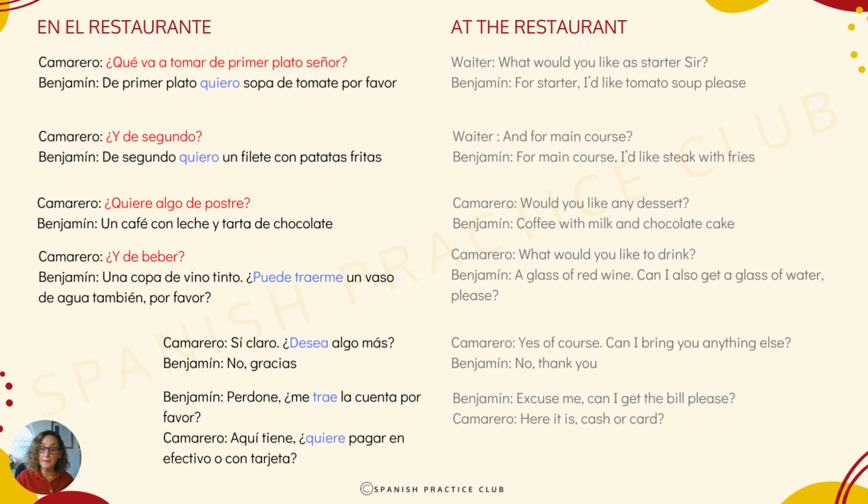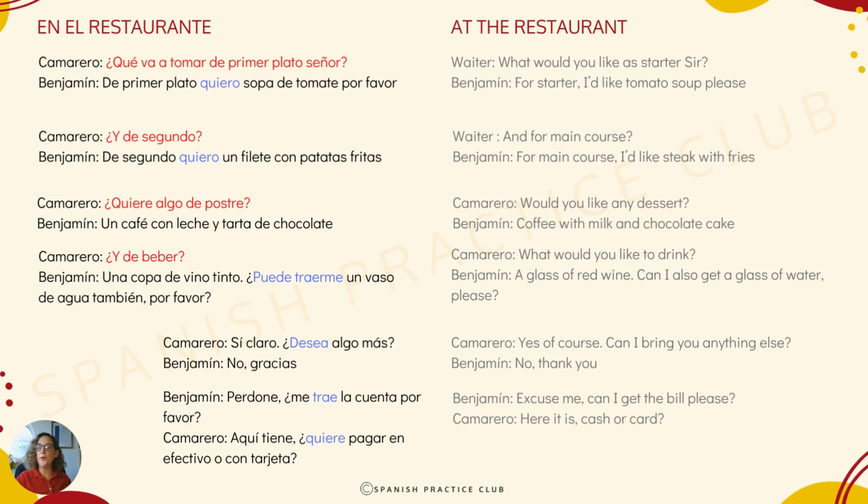Y de beber, una copa de vino tinto. ¿Puede traerme un vaso de agua también, por favor? Sí, claro. ¿Desea algo más? No, gracias. ¿Me trae la cuenta, por favor? Aquí tiene. ¿Quiere pagar en efectivo o con tarjeta?